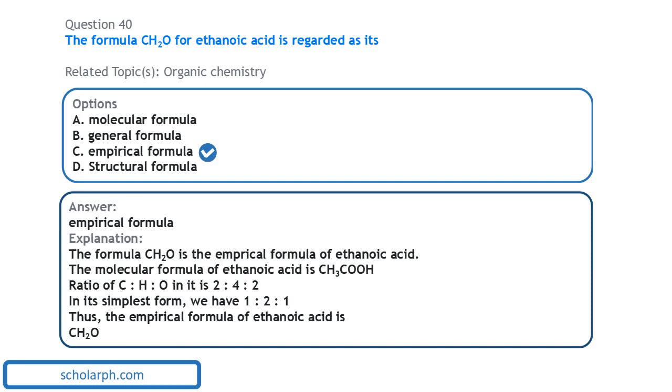That n is what I'm going to use to multiply these things to get the actual number of atoms here, and that will be what we used to divide through here, which was 2. So if I multiply everything here by 2, I'm going to have C2H4O2, C2 as in CC, H4, 3 plus 1 here, then O2. That will be the molecular formula for the ethanoic acid. But this formula here, CH2O, where we have carbon to hydrogen to oxygen in 1:2:1, that is the empirical formula of the compound.